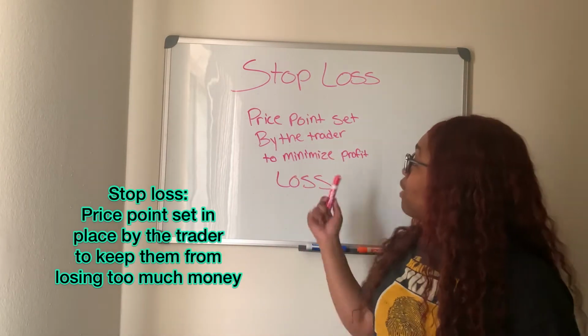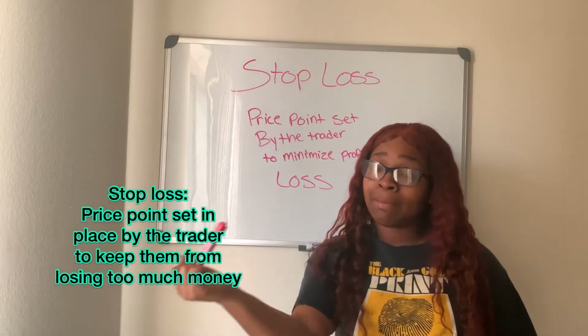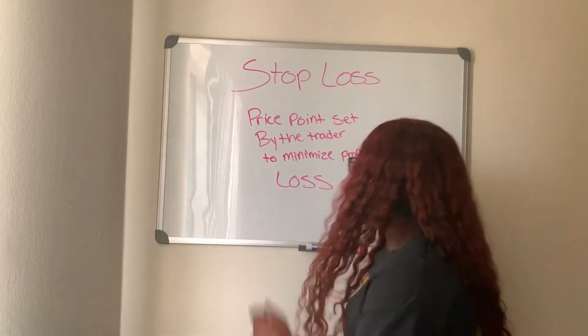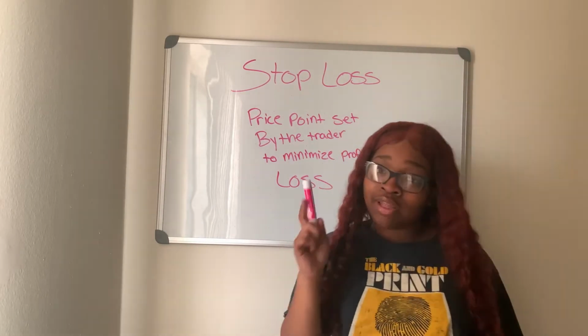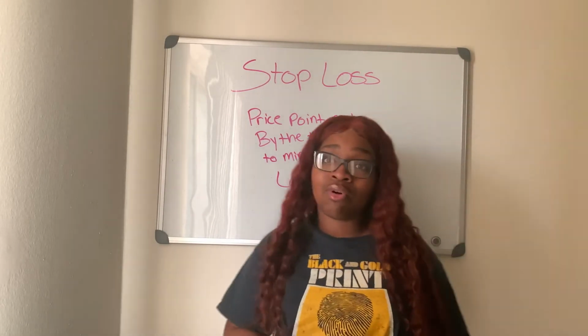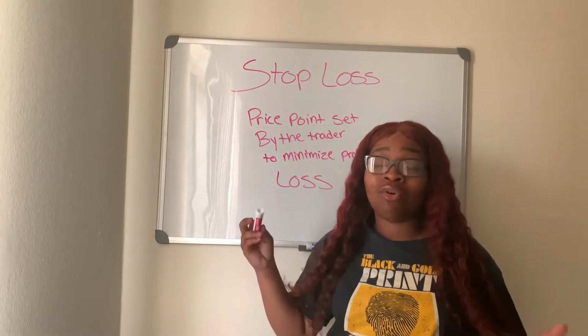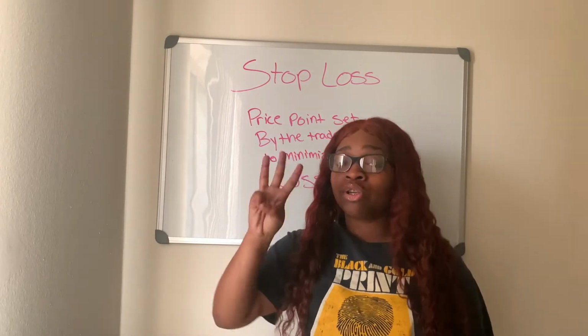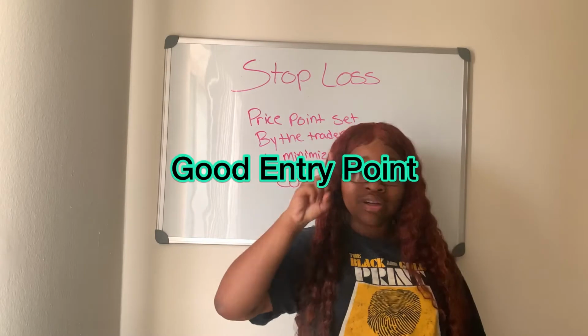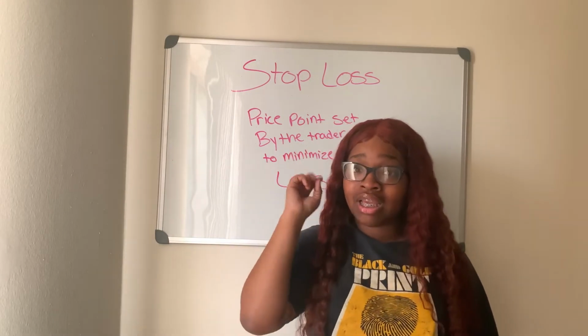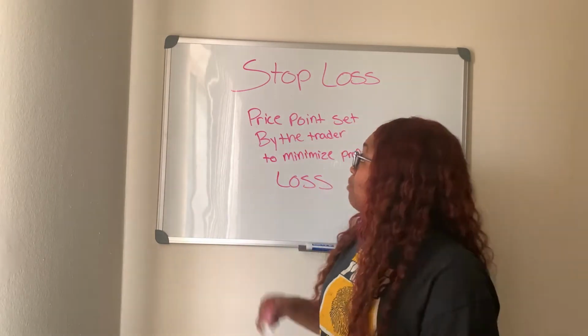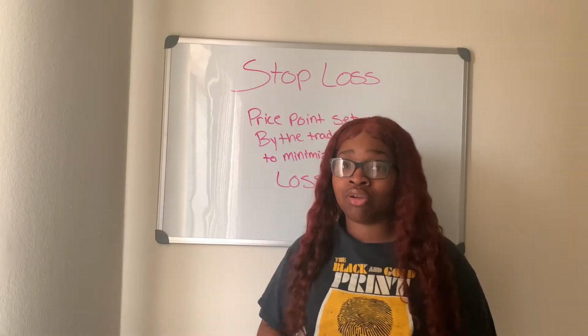A stop loss is a price point set by you, me, whoever's trading, to minimize the loss. Just say you are in a sale or a buy. There are 3 things you must have when you are entering a trade: a good entry point, a good stop loss, and a nice TP, right? The stop loss keeps you from losing too much money or all of your money.